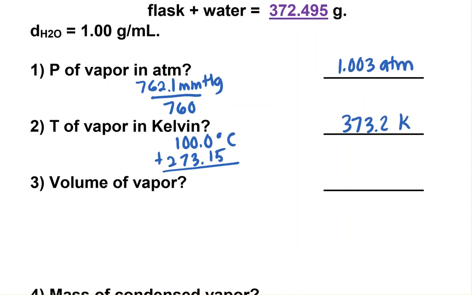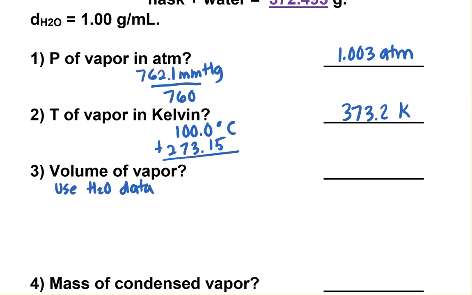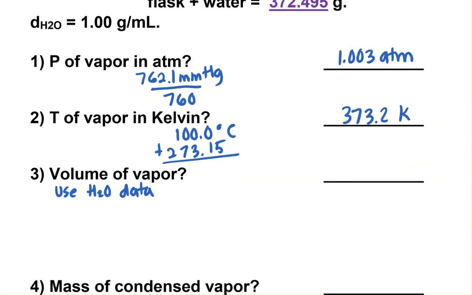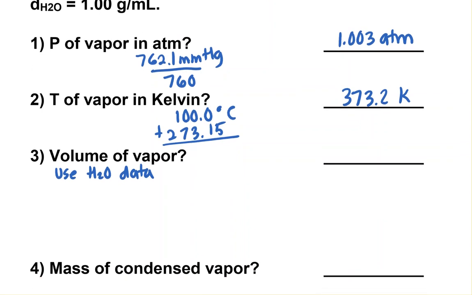And then what is the volume of the vapor? This is the trickier one. This is where you use water to find out. So what you do is you take the mass with the water in the flask. So it was 372 point. This is the flask plus the water. And then we'll subtract out the flask.